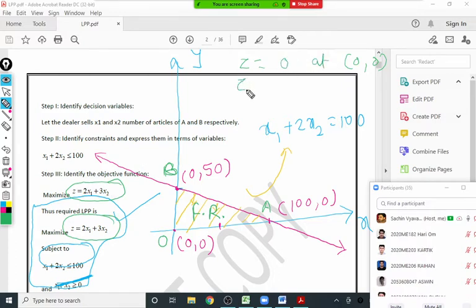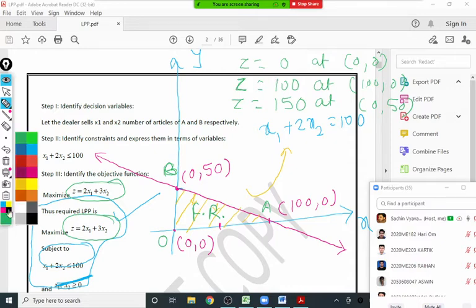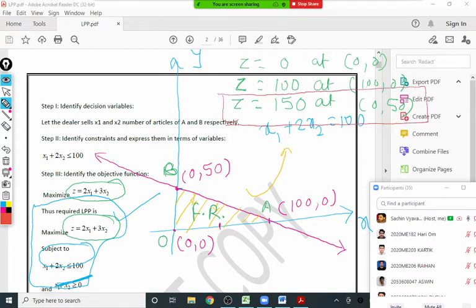Okay, next at 100, 0. 100, very good. Last, 0, 50: 150. So we already observed. Now just compare these three values, because at least one of them gives us the maximum.